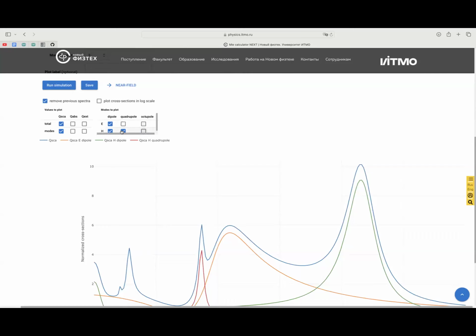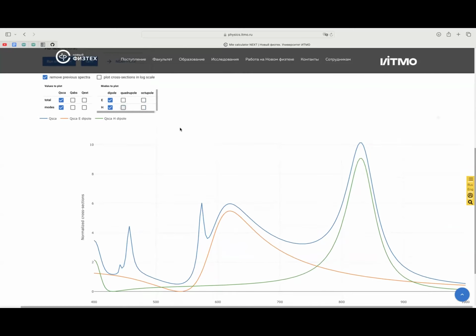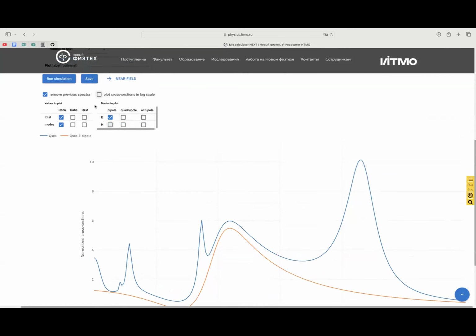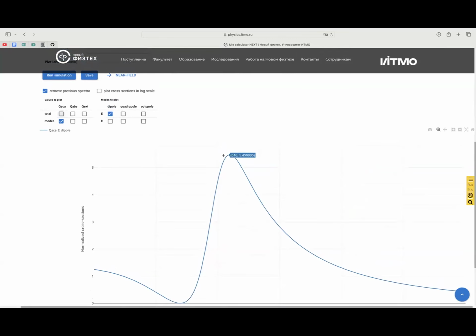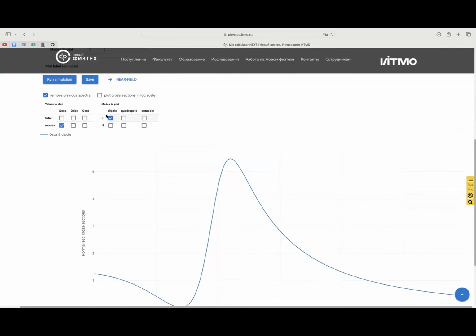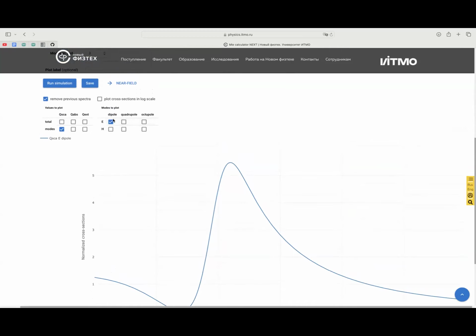So for example, if I want to plot only these Mie coefficients A1, B1, then I just need to put here only electric and only dipole mode, because the B coefficient is the electric Mie coefficient, and L equal to 1 is the dipole.